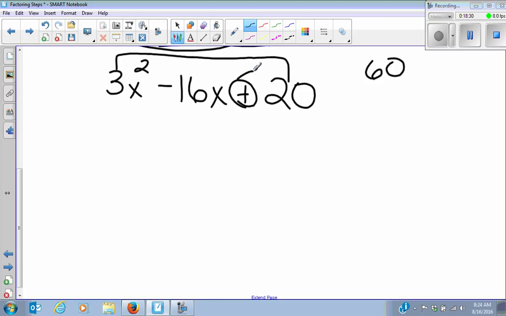Same signs, and what does that mean? It means you add. That's why I'm saying I need 2 numbers that multiply to 60, but add to 16. That's the key that I was looking for from you. I need that sign recognition that says you're going to add to get to this middle number.